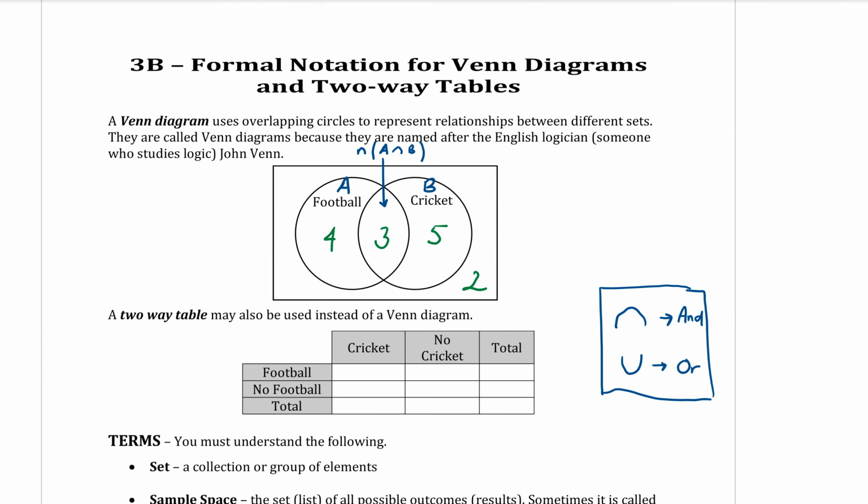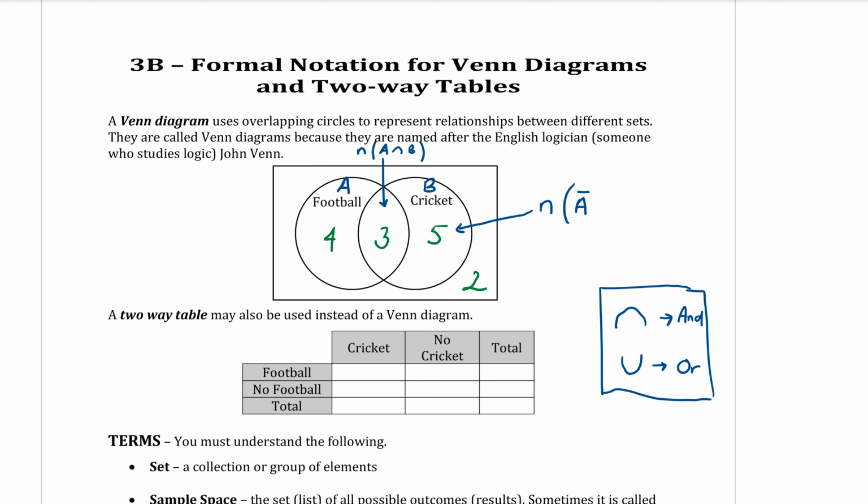Okay, so some more notation. Let's have a look at this number 5 here. That is the number of people who are not A, but they are B.